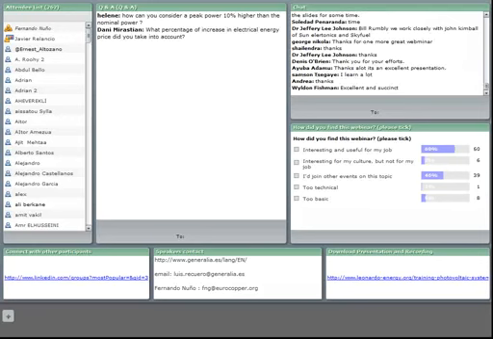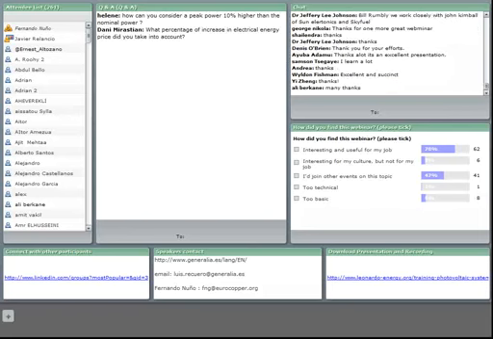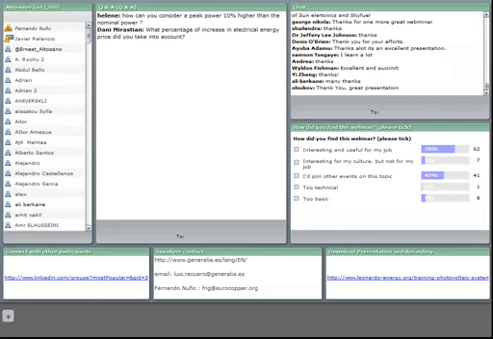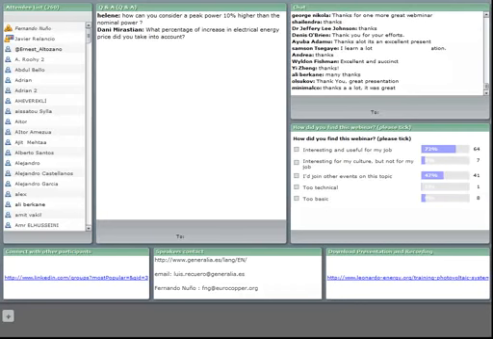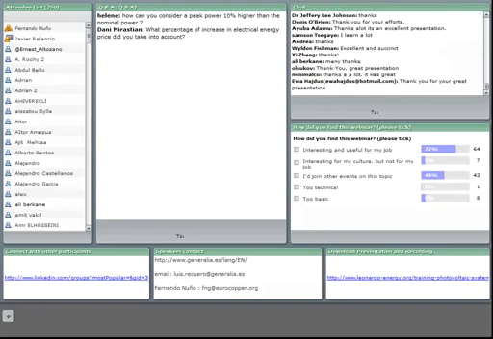There is a person that is asking what percentage of increase in electrical energy price did we take into account for the profitability analysis. Well, it is written in the inputs slide, but we have taken into account, for a typical case in Spain or in Germany, an increase of the electrical energy price of 2.5%.